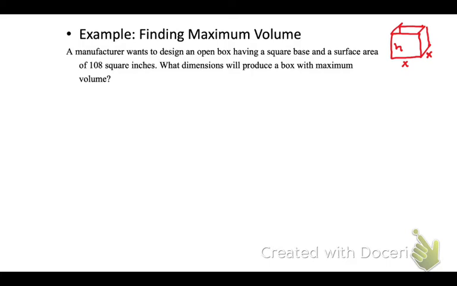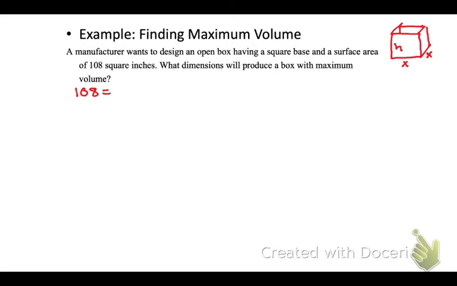You know that the surface area should be 108. Okay, so the surface area would be 108 equals, well, what would my surface area consist of? The areas of all the sides, yes?